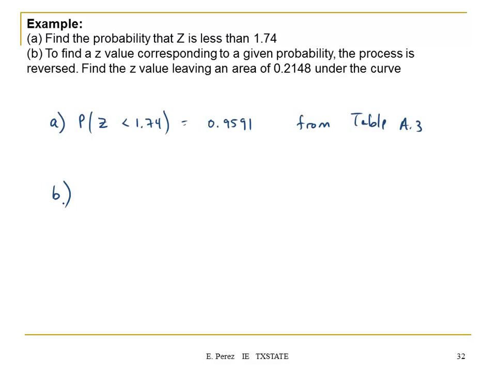Okay, now to find a Z value corresponding to a given probability, the process is reversed. So let's say we want to find the Z value leaving an area of 0.2148 under the curve. What would you do? Correct. You find that probability inside the table and then find the value of Z that corresponds to that probability. So in this case, you need to find the value of 0.2148.